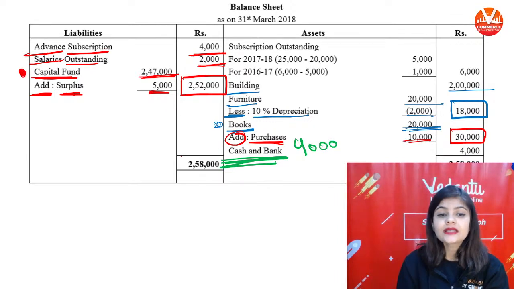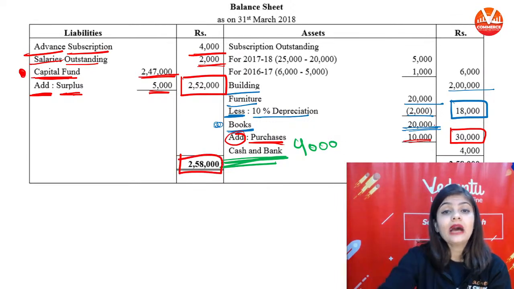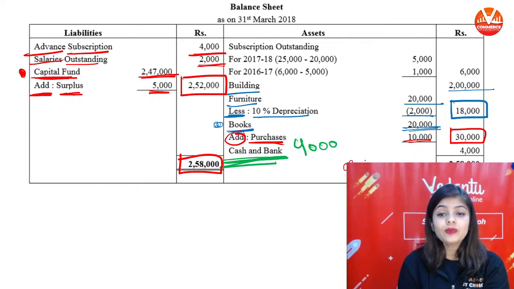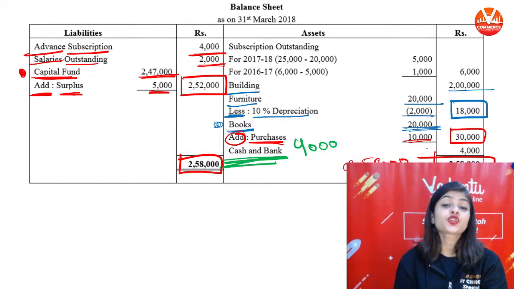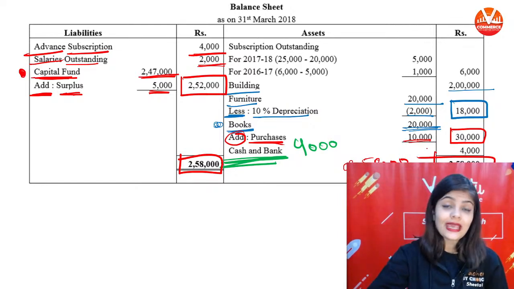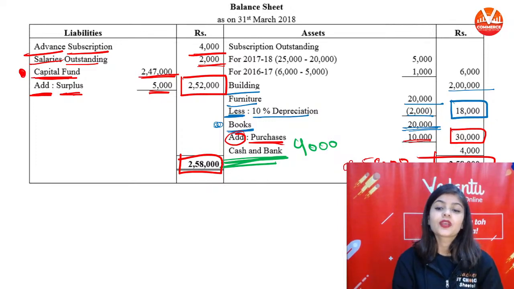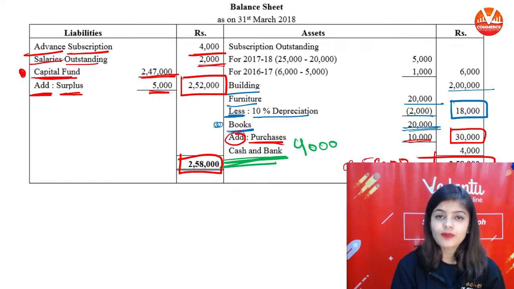The total is 2,58,000 and the total of both sides should be the same. If it is not the same, then your answer is incorrect. So make sure that the total of the balance sheet is equal.